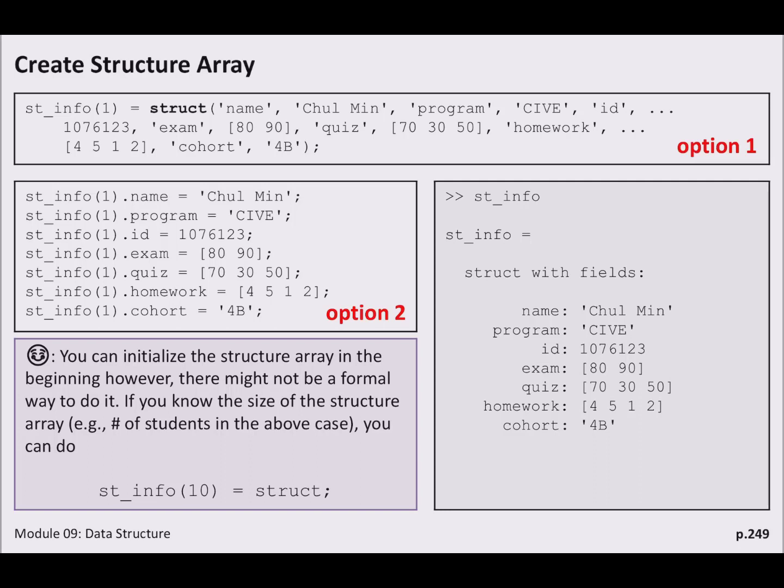The way of defining the structure variable: one way is that you can write the structure variable name, dot, and field name, and store any type and any size of data in this field. But what is this one?